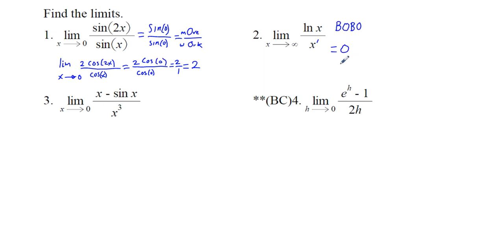So we would say the horizontal asymptote is the equation y equals 0. Another way of saying the same thing.